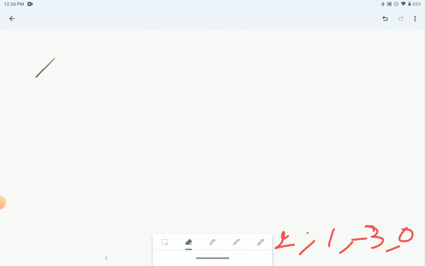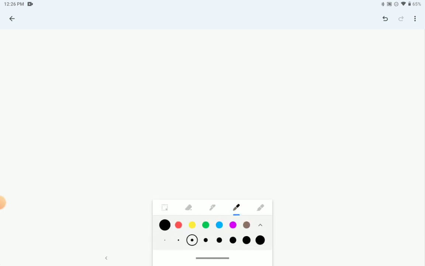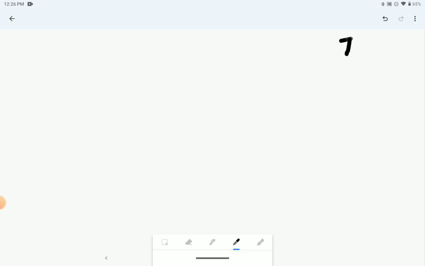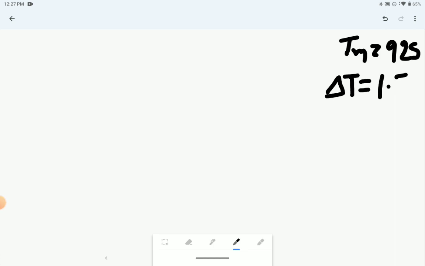Now let's list our obtained values. The mean value came out to be 92 seconds. The mean of absolute errors came out to be 1.5 seconds.